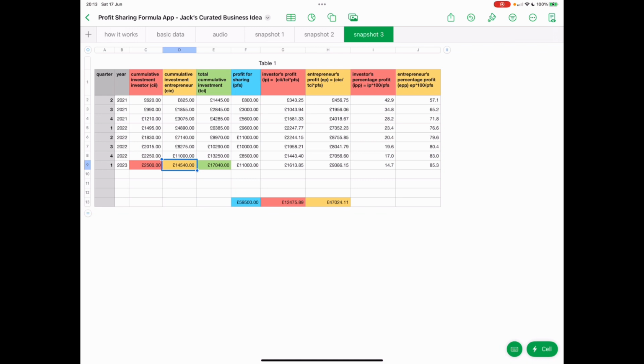You can see that in the pink in column C. And the total cumulative investment by the entrepreneur was 14,540. And the total cumulative investment from both parties was about 17,040.